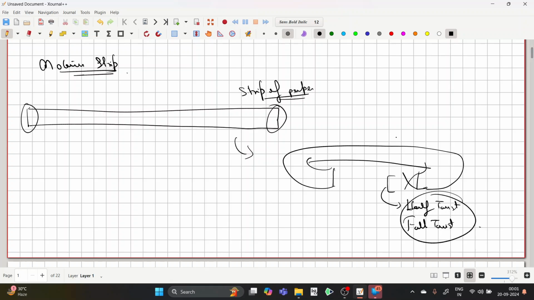A twist by 180 degrees is often referred to as a full twist, or as a half twist as well. Whenever we talk about such twists, we will not use the word half or full twist as such. If there is some specific angle of twist, I will just mention the angle to get a proper notion of what I'm talking about.